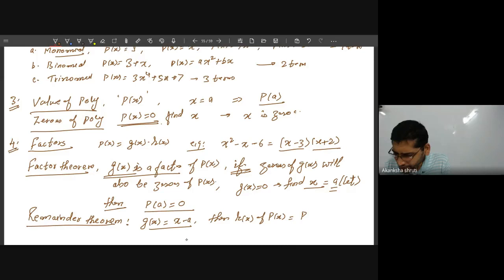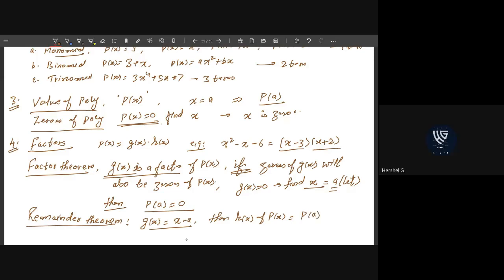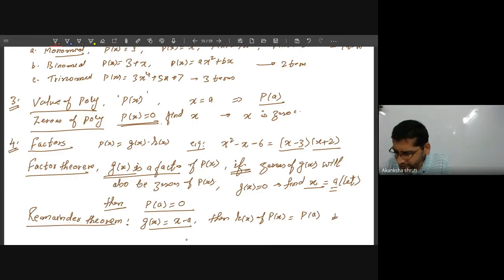So it will be p(a). At this time, it will not come as 0. If not coming as 0, that value will be the remainder. And if it is 0, it means this g(x) is a factor.